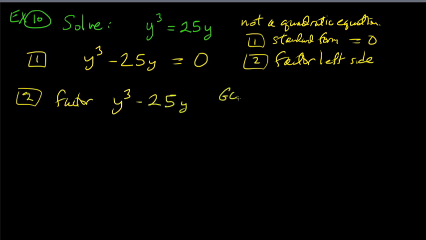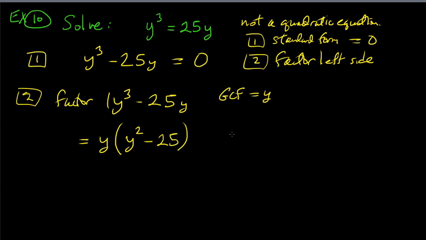So let's start with the GCF. It's not 1, even though there is a 1 here. They both have a y in it. Both terms have a y, so we can factor out the y. Take out the y, and you're left with y cubed divided by y is y squared. Negative 25y divided by y is just negative 25.